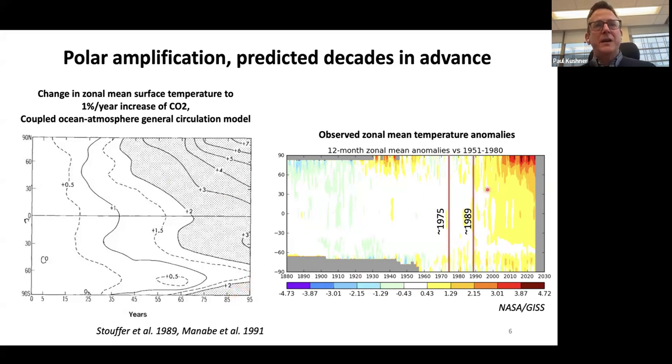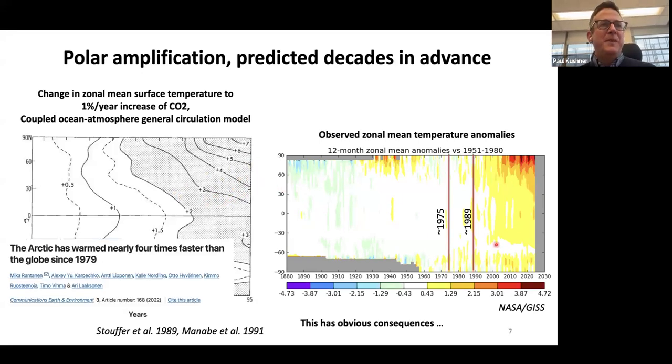And it's really striking to think that this paper came out in 1989, the Stouffer et al. It's 1989, and if I'm not getting the history too badly, there was no evidence really that there was significant polar amplification going on. This was a prediction, and the prediction was that at some point, whatever you thought of the realism of this particular simulation, there would be some sort of pattern of climate change that would look like this.